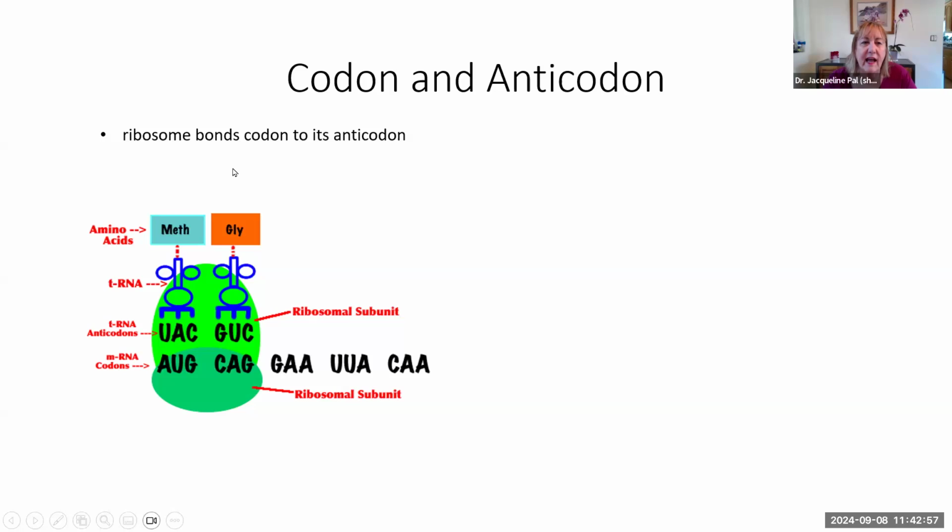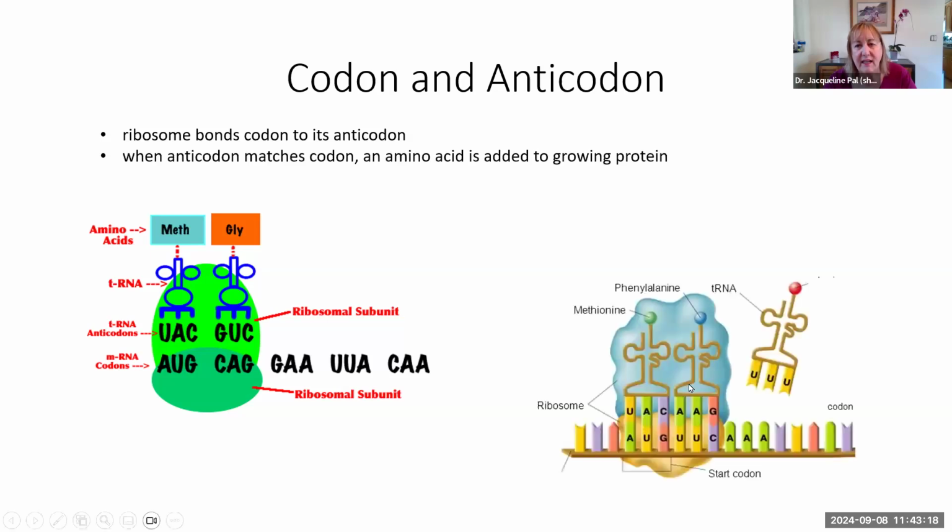Now, what does that have to do with anything? Well, the messenger RNA is going to be attaching to the ribosome. And so the ribosome is where the codon is going to be binding to its anticodon, which is bringing the amino acid. Okay, so here we have the small subunit and the large subunit. Here's the messenger RNA attached to the small subunit.